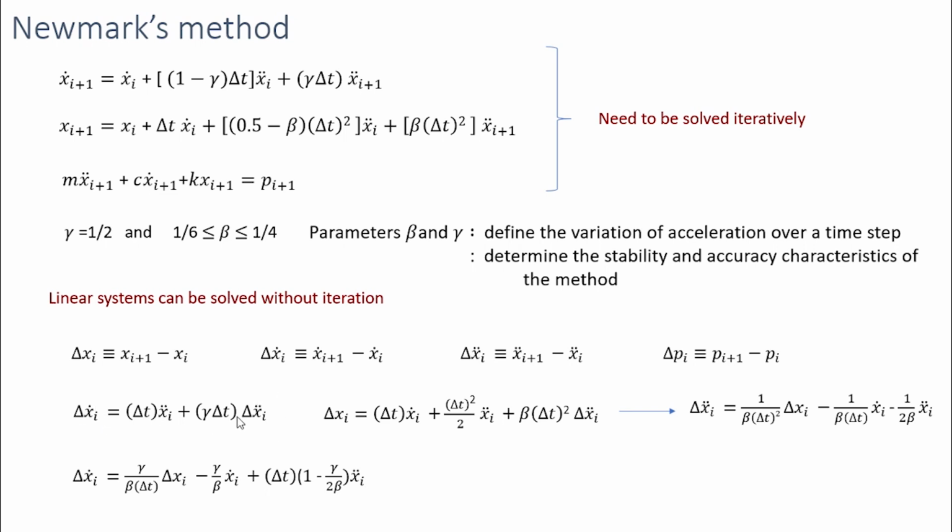Here it depends upon delta x double dot i. So we can substitute this expression here, and we would get the incremental velocity as this. So now we have the expressions for incremental displacement, acceleration, and velocity. We can substitute these in the incremental equation of motion.